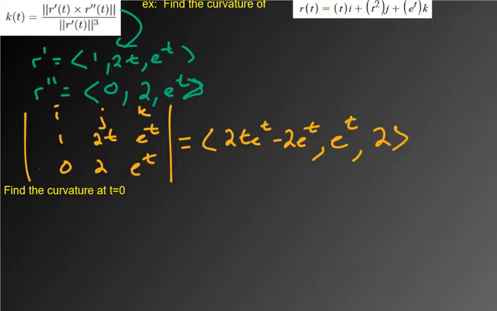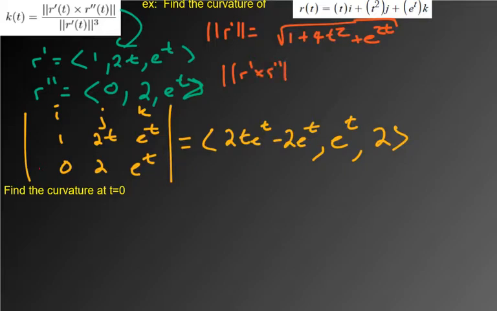It's kind of a lot of computation, but the magnitude of r prime is the square root of 1 plus 4t squared plus e to the 2t.